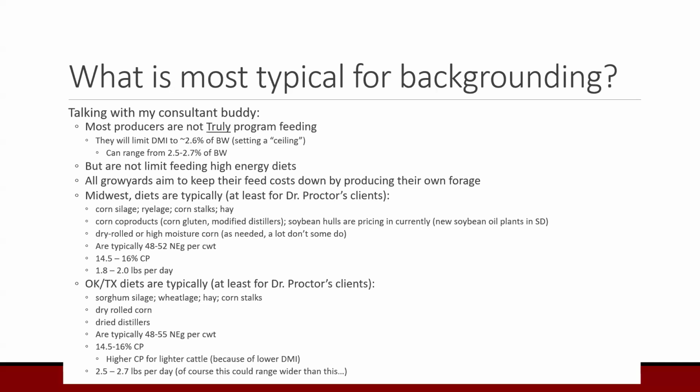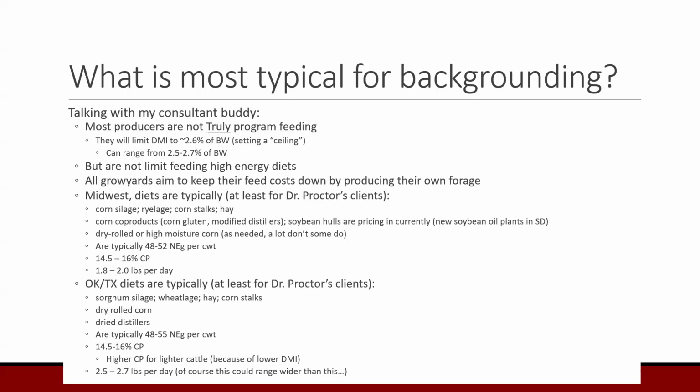They will feed higher crude protein for lighter cattle because they have lower intakes. And so they need more concentrated crude protein in their ration to reach their absolute pounds per day requirement. Okay. And they're targeting 2.5 to 2.7 pounds per day. And this range could be even wider.